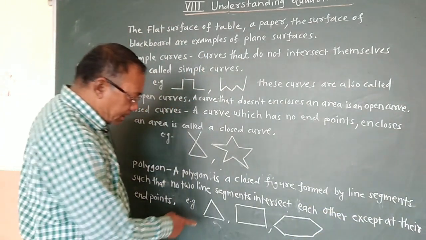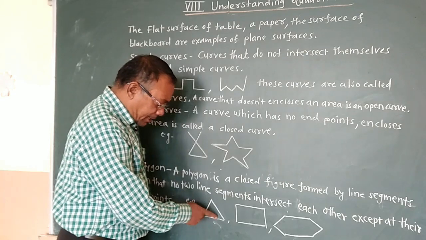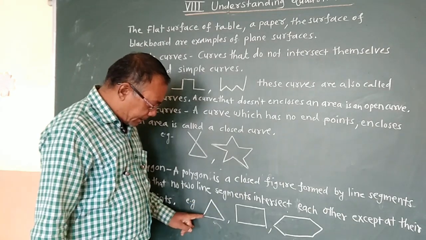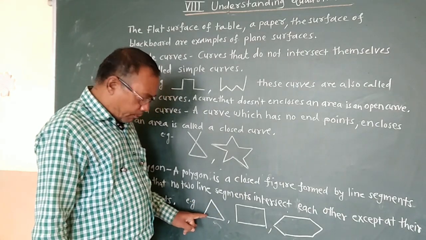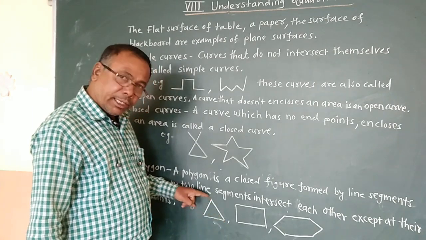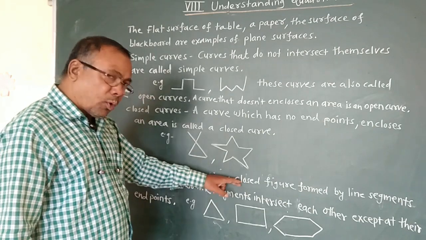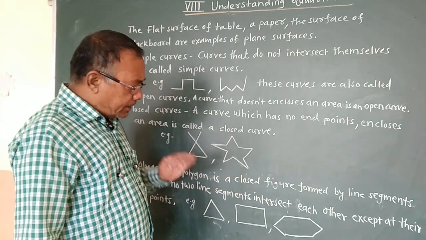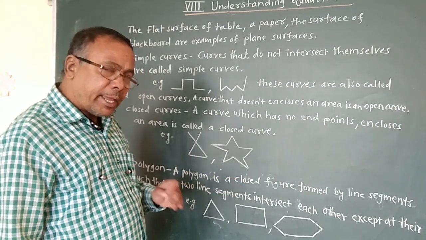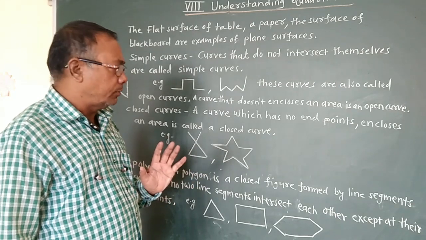Here, if we consider a triangle, the three line segments are intersecting at their endpoints. These are the endpoints, and therefore the polygon is a closed figure. Mind that it is a closed figure. Then and only then it is called a polygon.